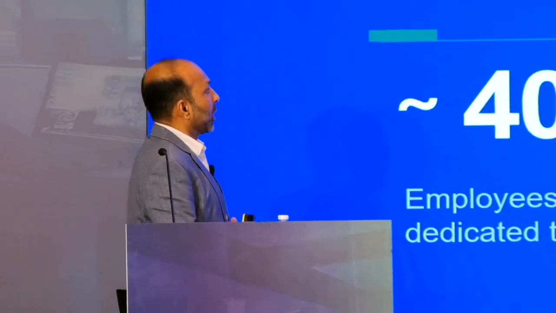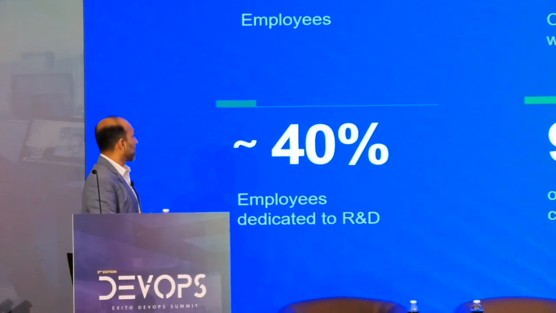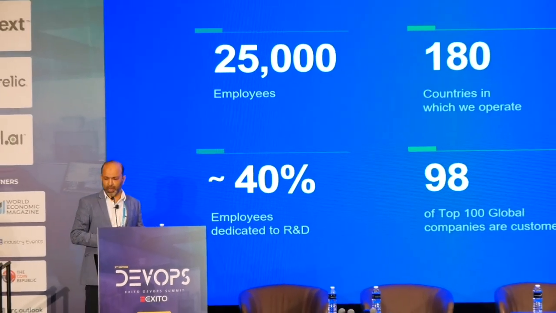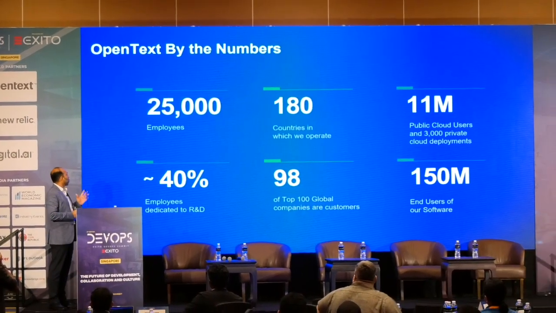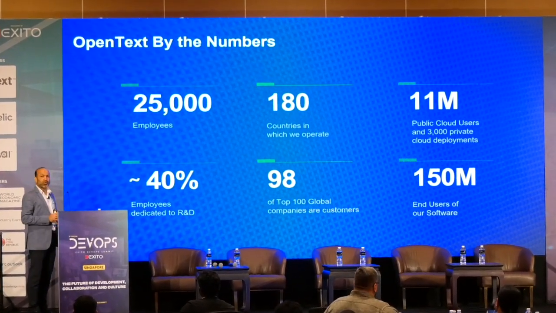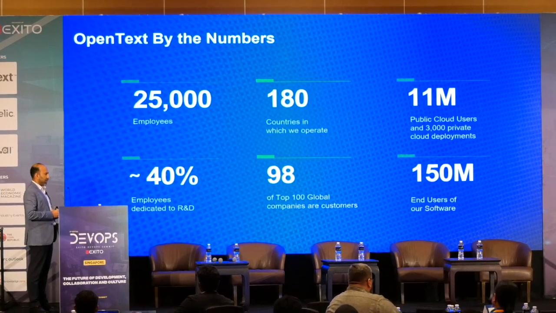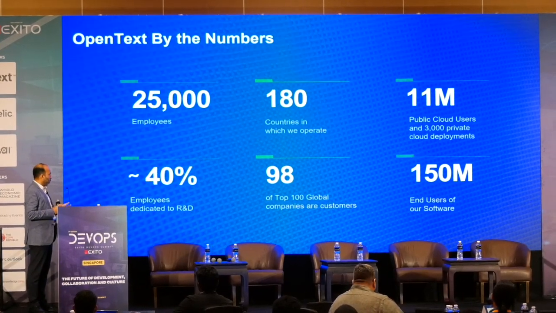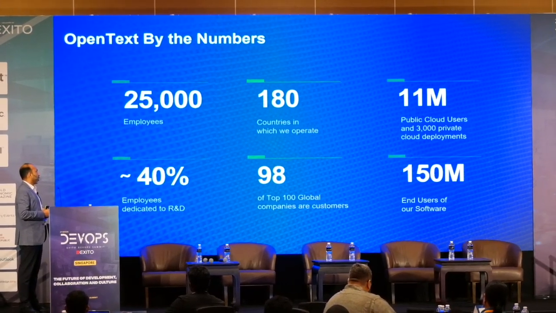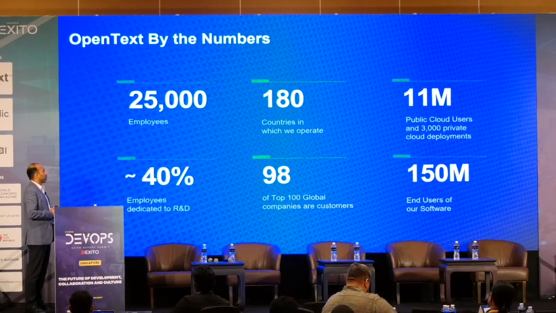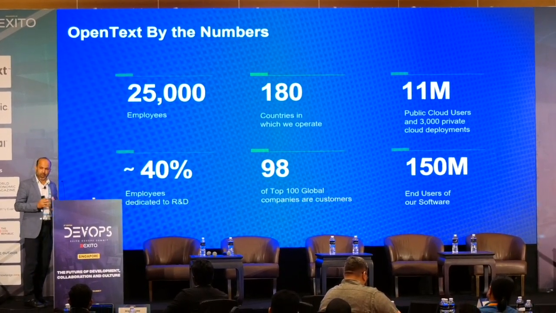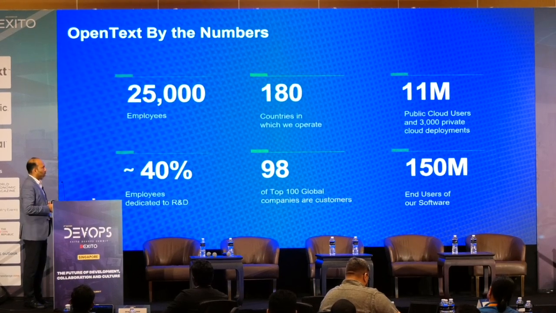Okay, so a quick introduction about OpenText. OpenText is headquartered in Waterloo, Canada. We have around 25,000 employees, 40% of them dedicated to R&D. We are a global company. We operate in around 180 countries, and almost 100 of the top global companies are our customers, and they trust OpenText.